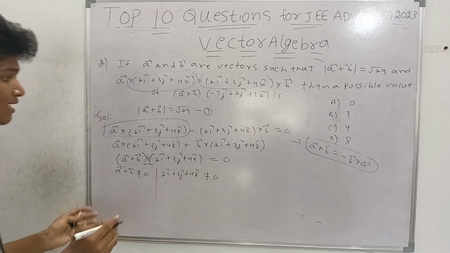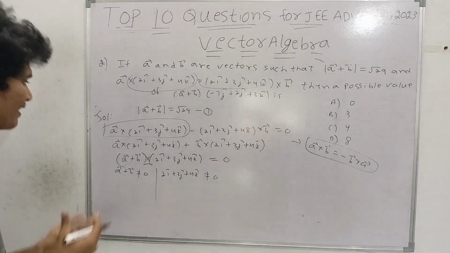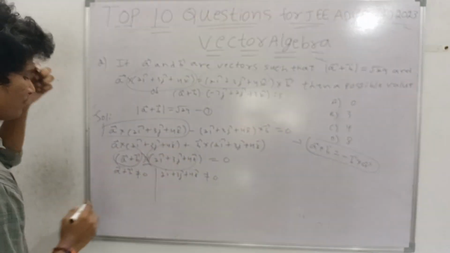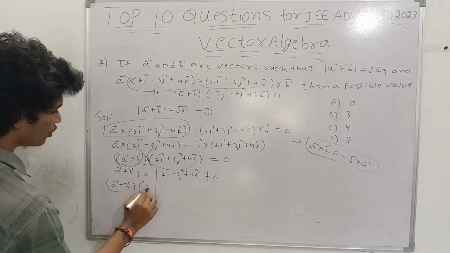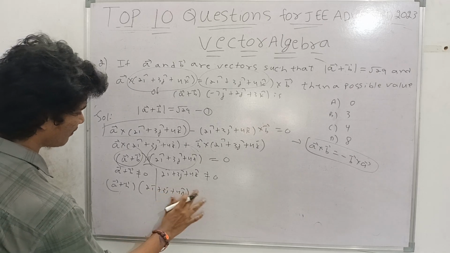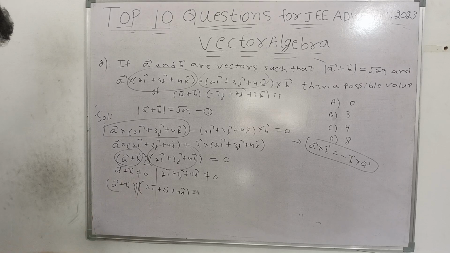After knowing these two things also, this cross product is 0. The meaning is that a bar plus b bar and the vector 2i plus 3j plus 4k are parallel vectors. It is clear, these two things are parallel.